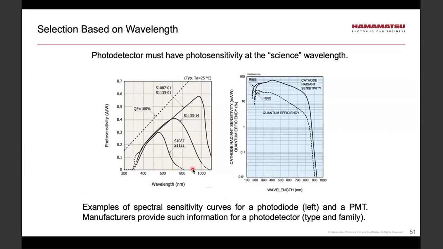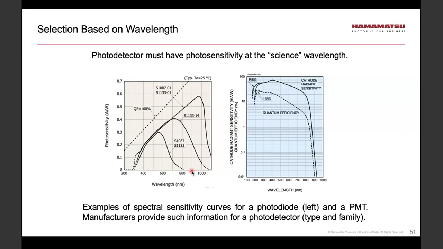So, selection based on wavelength. If my science light, for example, has a wavelength of 900 nanometers, this is a plot of photosensitivity as a function of wavelength. So currently, the photodiode S1087 would not work because it has no sensitivity at 900. So the first choice is to consider a photodetector that has non-zero response to a given wavelength of the science light.